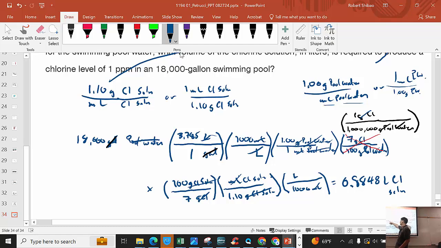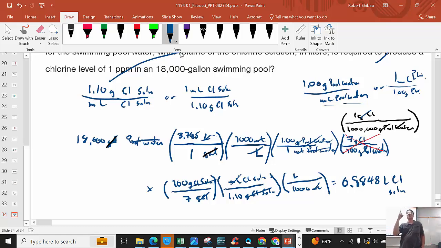How many sig figs here? This one is not 4, infinite. This one, 3. This one, 1 gram of chlorine per million grams of pool water.